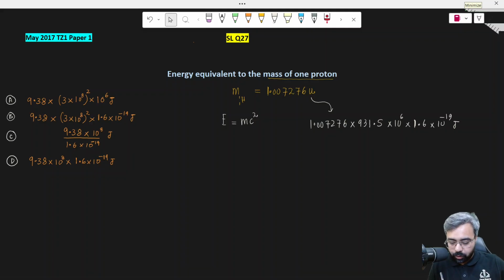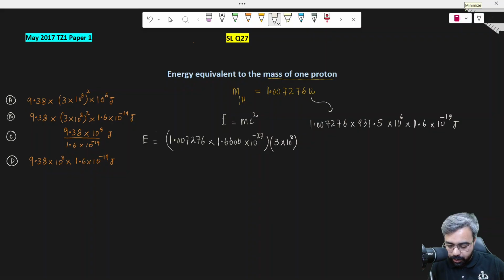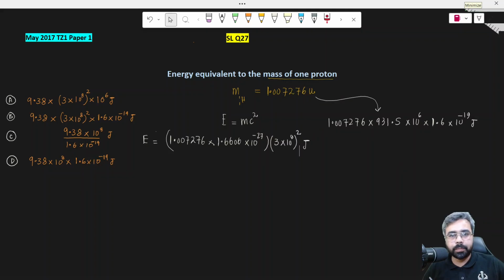If you follow this method, you must write the mass, which is 1.007276 times, where 1 u is equivalent to 1.6606 times 10 to the power negative 27 kilograms. This is the mass, and this is the speed of light, 3 times 10 to the power 8, squared. So your answer will be in joules. You can adopt any one of these two.